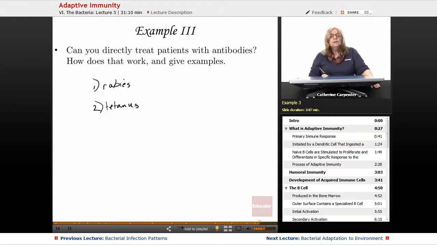Sometimes if an individual suspects that they've been bitten by an animal that might be carrying rabies, instead of waiting for the individual's immune system to recognize the rabies virus and then launch its own immune attack, the patient, even without knowing whether they've been infected, is given what's called gamma globulin.